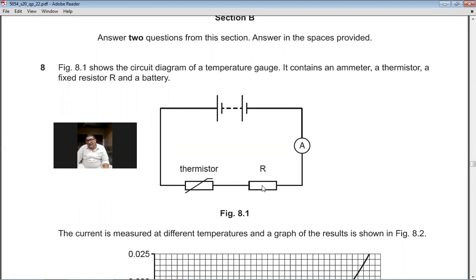So the same current will be flowing through this R and through this ammeter. You know the voltage drop, 21.4 volt, and you know the current, 0.014 ampere, so you can find the resistance. R is equal to V divided by I, and very easily you can find the resistance of this fixed resistor.